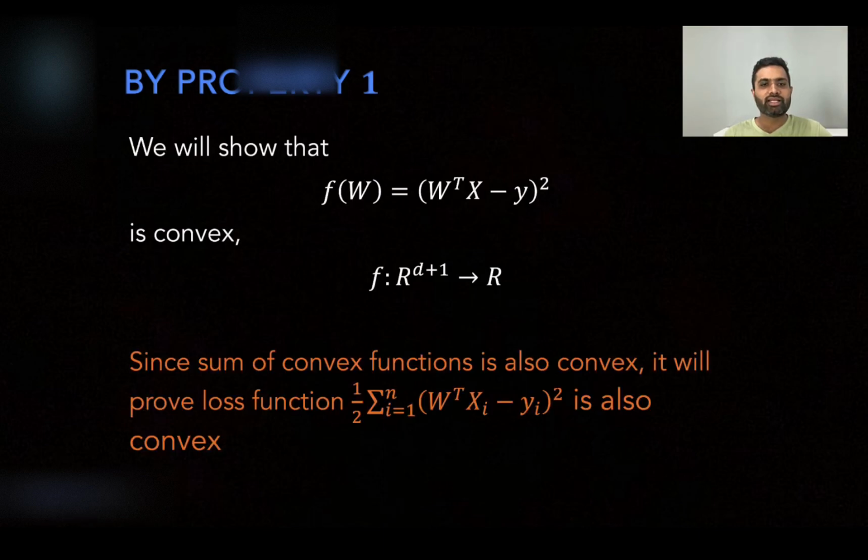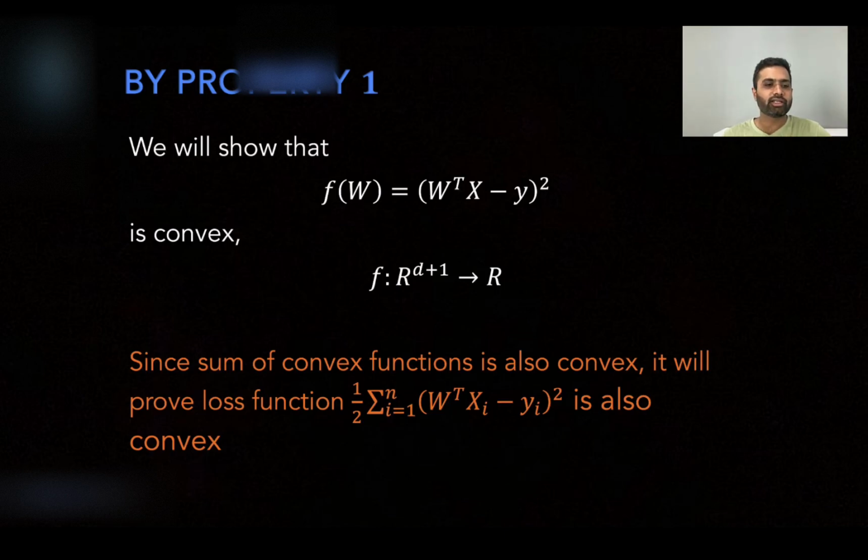So we have seen that result, that if a certain function is convex, then sums of such functions are also convex. So we will see it only for one term, that is (w transpose x minus y) whole square. This particular function is convex, and by the property that we have already seen, the sum of convex functions is also a convex function.